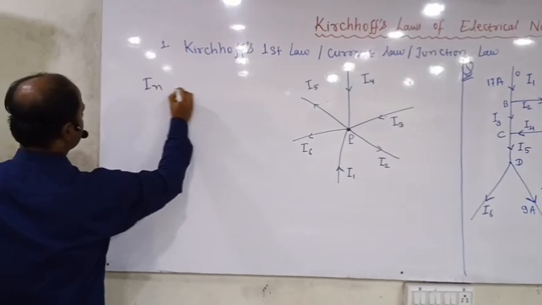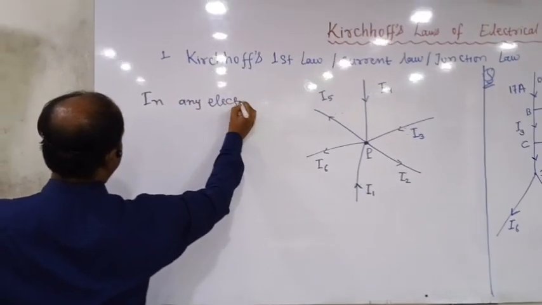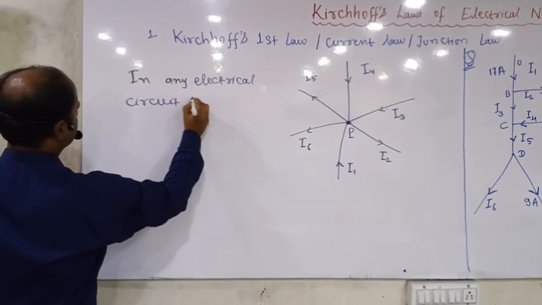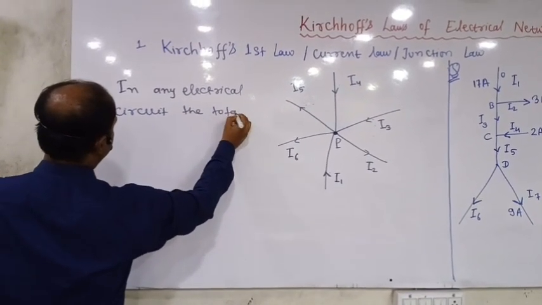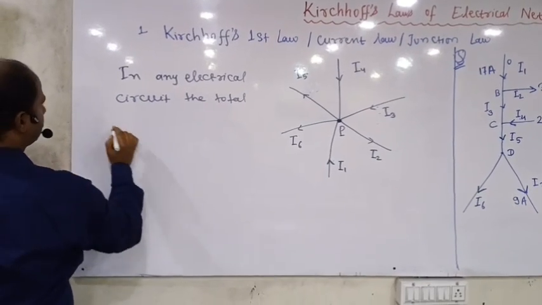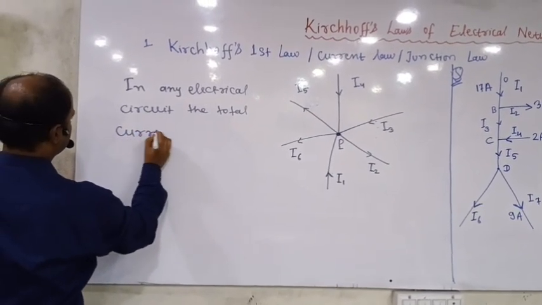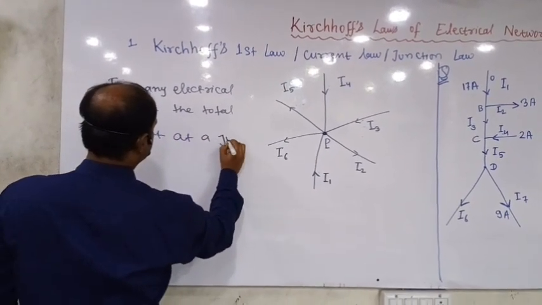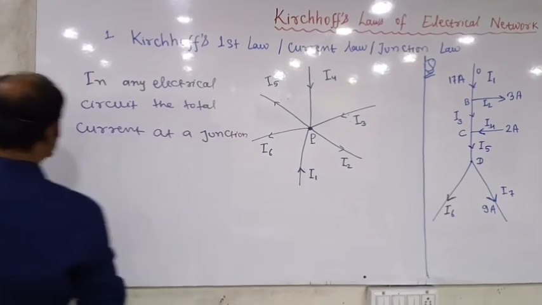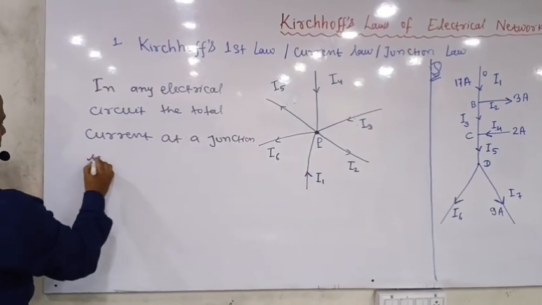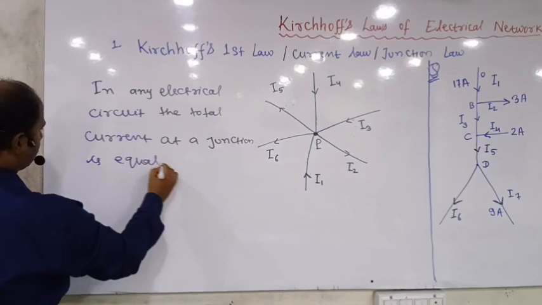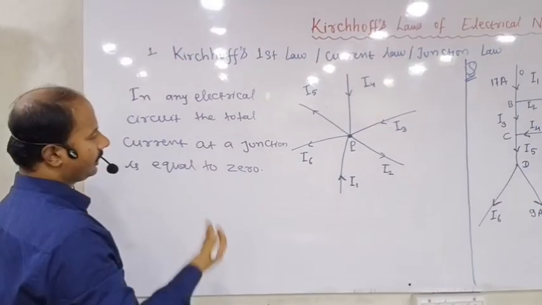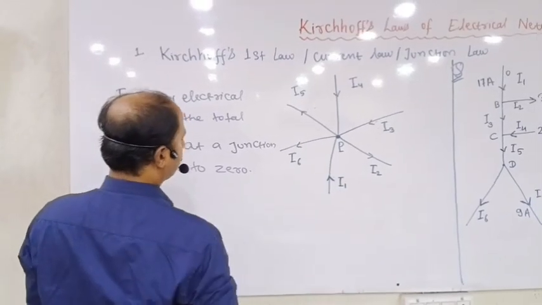In any electrical circuit, the total current at a junction is equal to 0, because in any electrical network the total incoming current is equal to the total outgoing current.